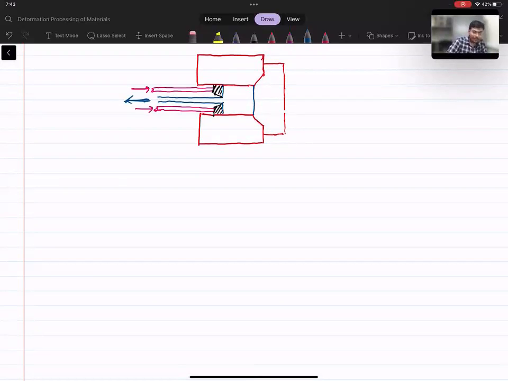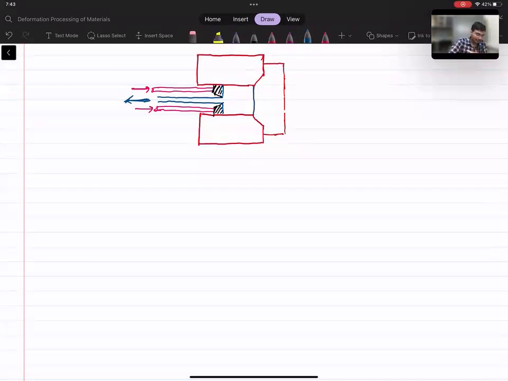Here there will be almost negligible friction between the workpiece and the container because there is no relative motion between the billet and the container. As the ram presses the material, the portion which is in contact gets reduced and there is no motion. Basically the material flows out from the orifice and gets converted into the desired shape.